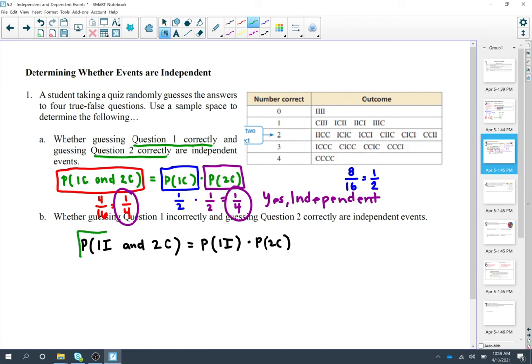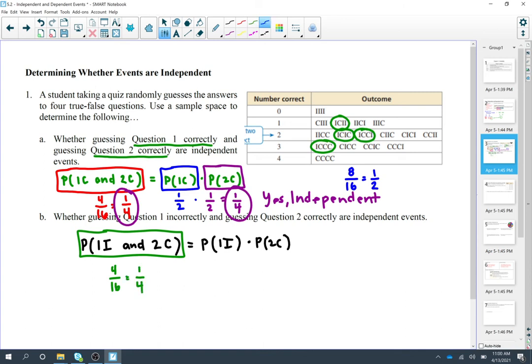Starting out over here, we're going to use our sample space, and I want the first one incorrect, the second one correct. Once again, that's 4 out of 16, which is 1/4.